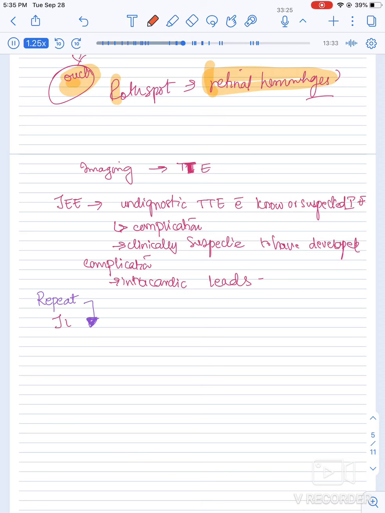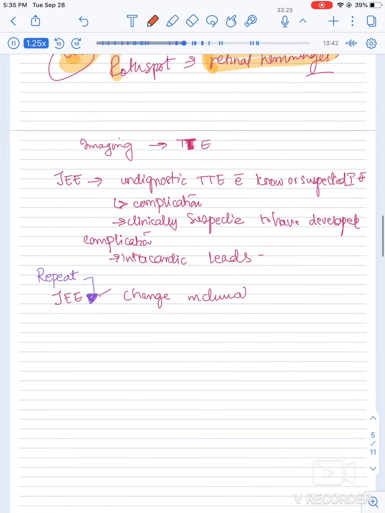At the same time, we can also consider TEE in patients who have developed a change in clinical signs or symptoms.